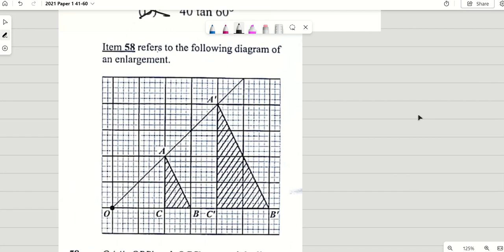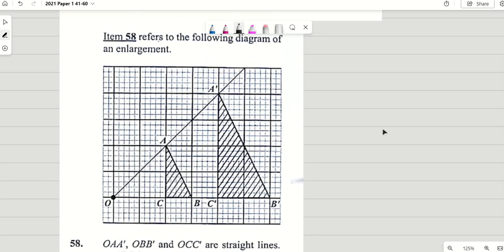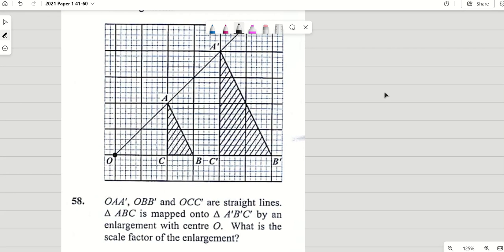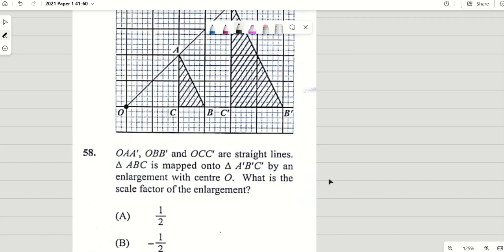Let's look at number 58. Item 58 refers to the diagram of enlargement, right? OAA', OBB', and OCC' are in a straight line. ABC is mapped onto image A'B'C' by an enlargement with a center O. What is the scale factor of enlargement?